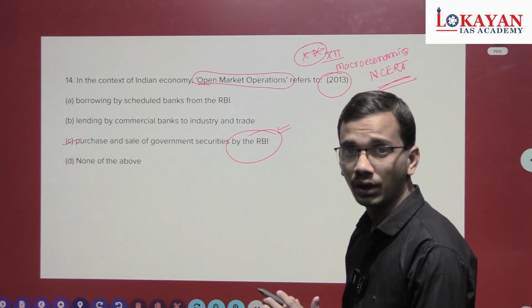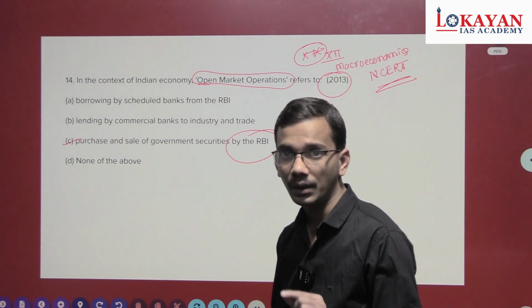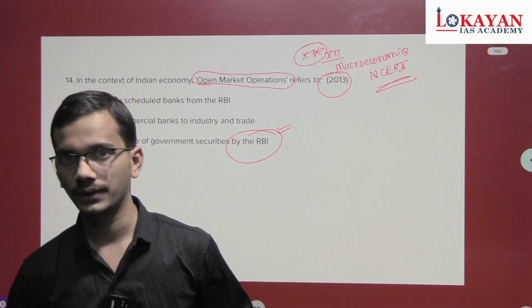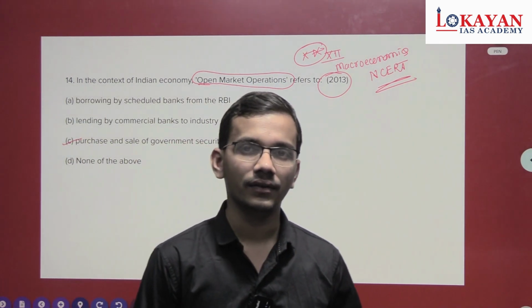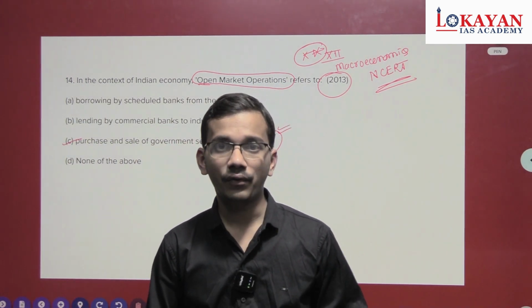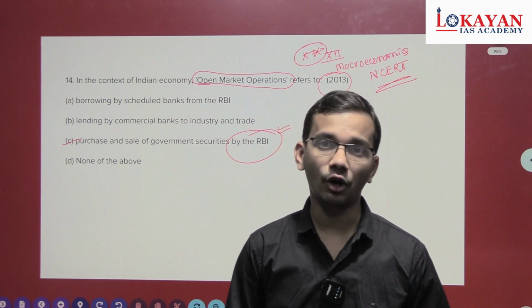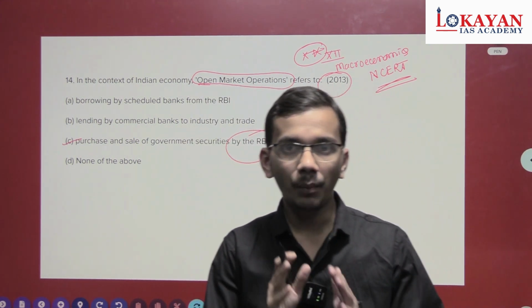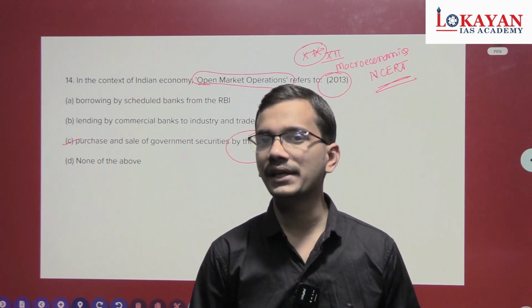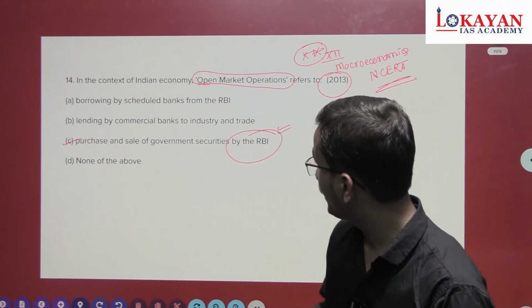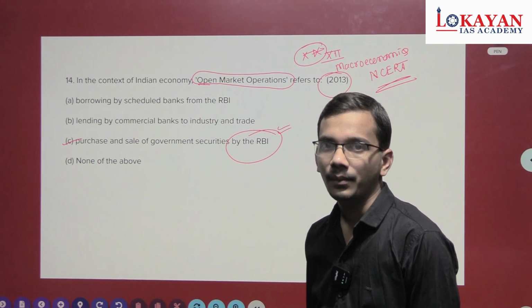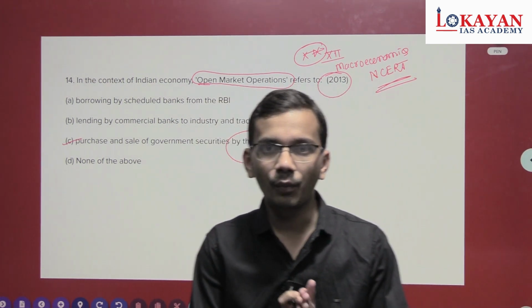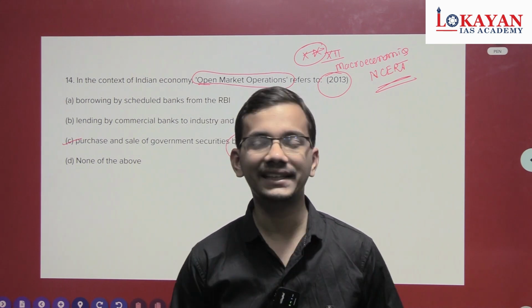So what we will do now, we will discuss one very important theme regarding open market operations. That is Operation Twist. Few years ago, RBI for the first time conducted Operation Twist in Indian market to reduce the bond yields on long-term government securities. So we will discuss Operation Twist. But prior to that, let us discuss the relation between bond price and bond yield.